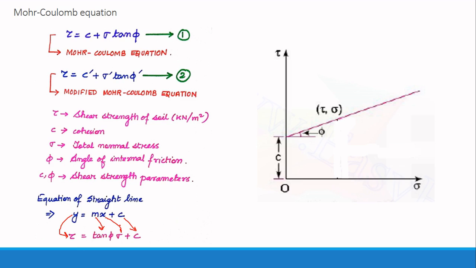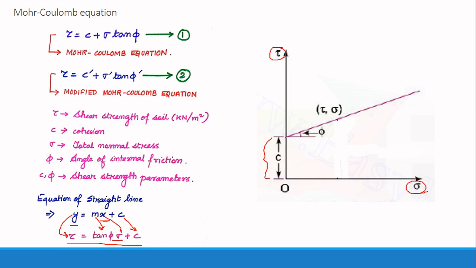So if I can correlate, obviously I can draw the graph for the Mohr-Coulomb equation. On the right side you can see a graphical representation of the Mohr-Coulomb equation, where I have taken tau on the y-axis because tau was equivalent to y, and sigma, that is normal stress, on the x-axis. c was the intercept made on the y-axis.